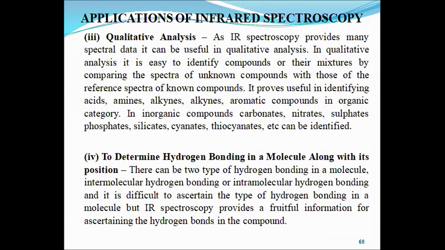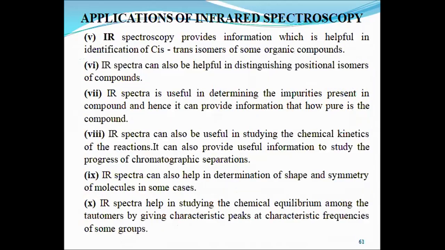It can also be used to determine hydrogen bonding in a molecule, because there are two types, intermolecular and intramolecular hydrogen bonding, which can be easily differentiated with the help of infrared spectroscopy.